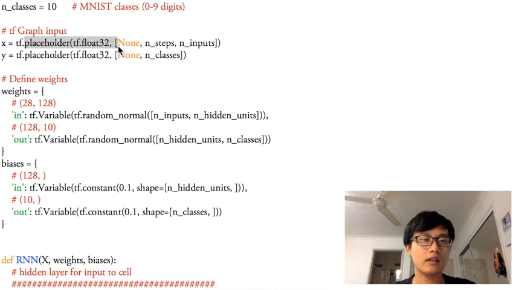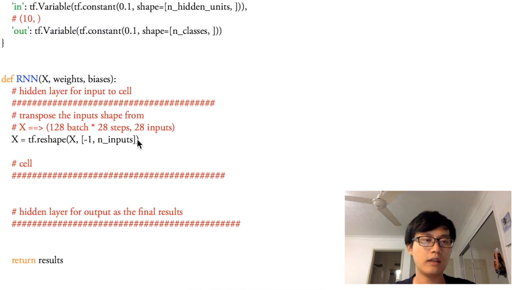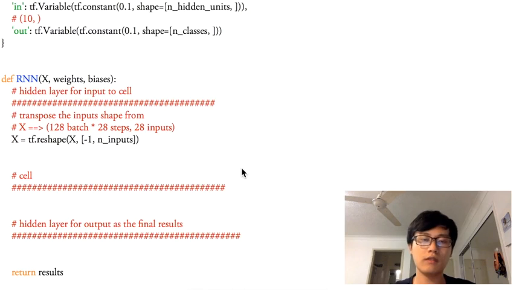So the x is three-dimensional: batch size, n_step, and n_input. But for the hidden layer, the weights can only multiply in the calculation wx plus b. The w is 2D, and the x must be 2D as well. So we have to reshape the 3D x into 2D.